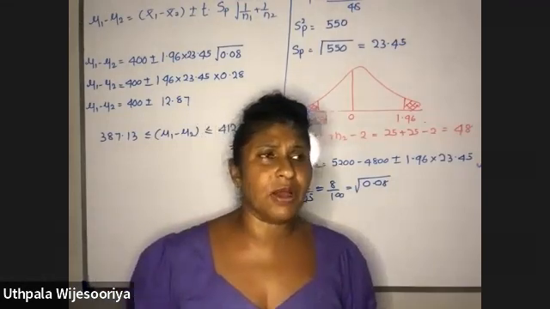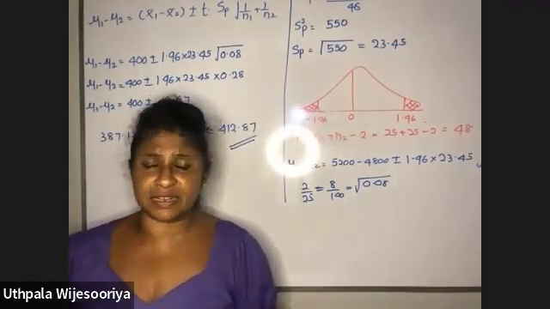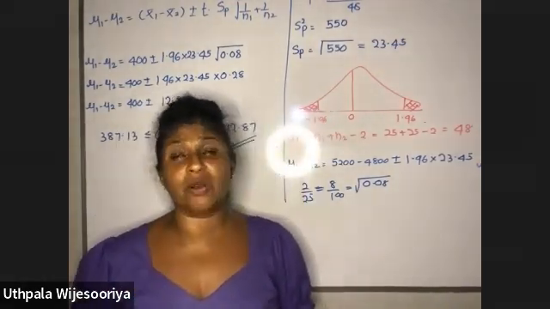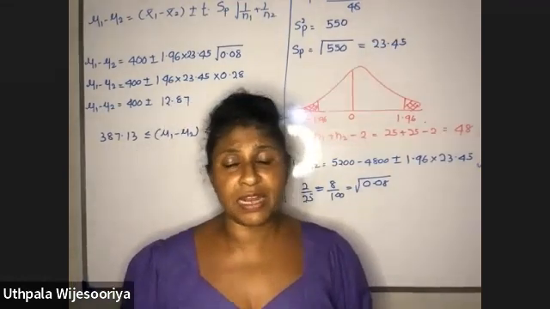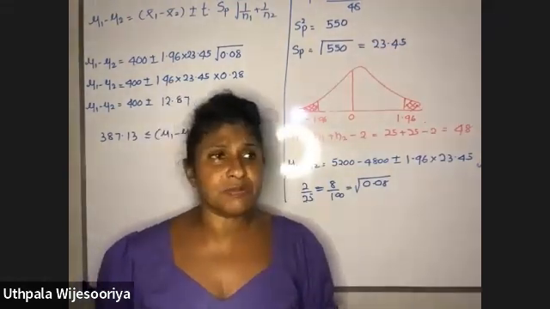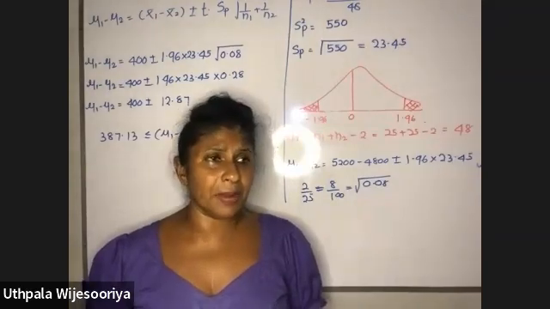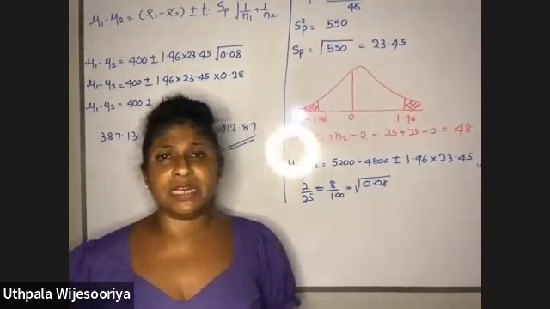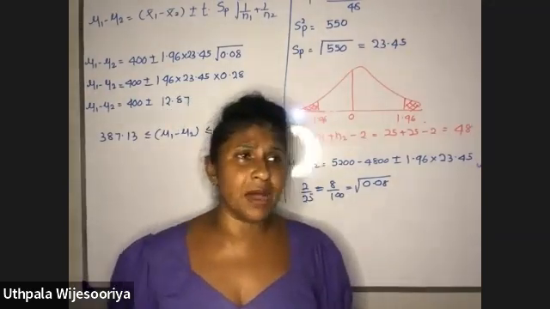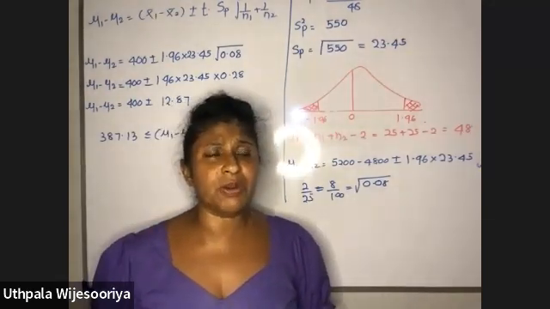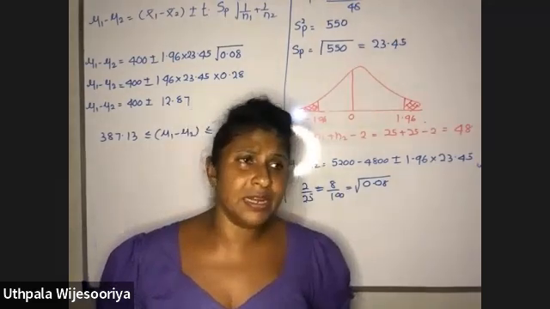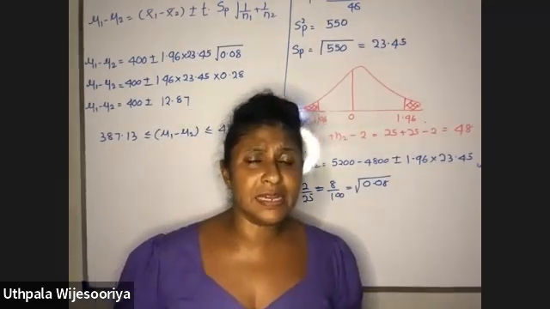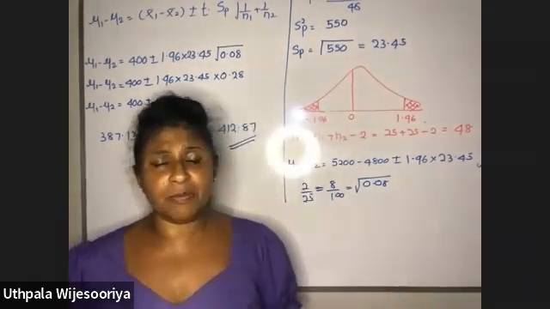There are a lot of sampling techniques we learned at the beginning of the lesson. Once we draw the sample from that population by using the most suitable sampling method, we calculate the mean of that. Now you are estimating the population mean.